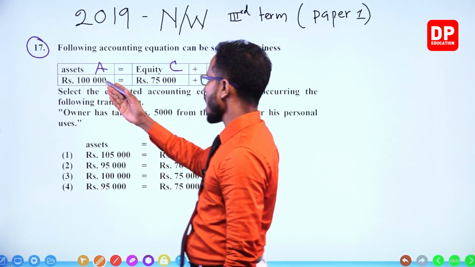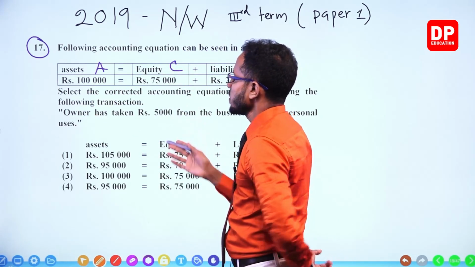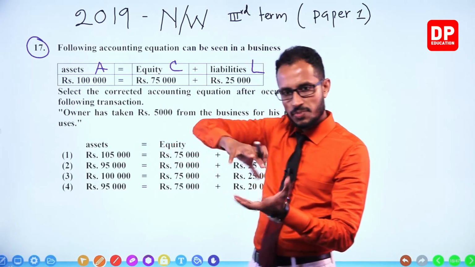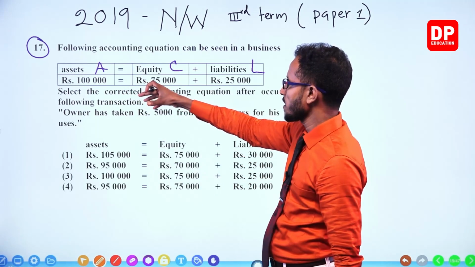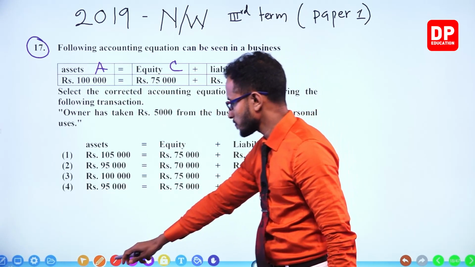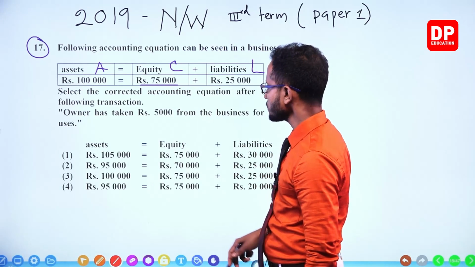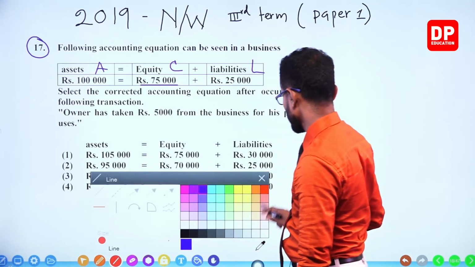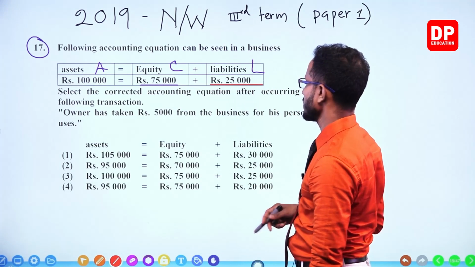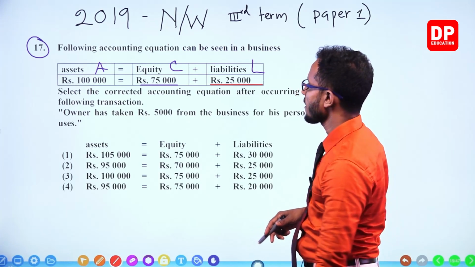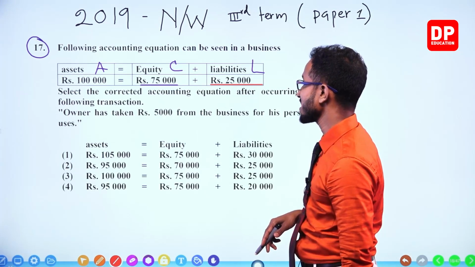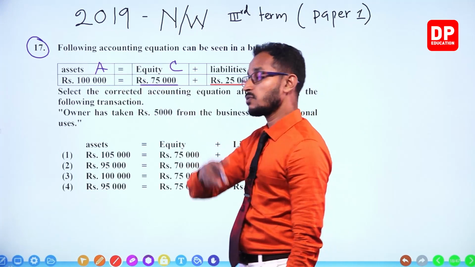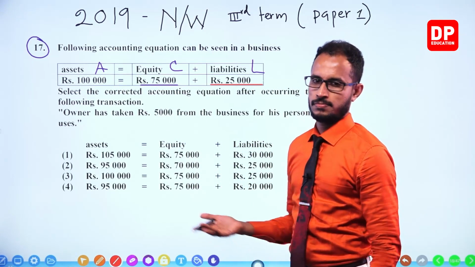Of 100,000 assets, it is made up in this manner: 75,000 owner's equity, 25,000 external liabilities. Okay, that is how C plus L is equal to A, assets.